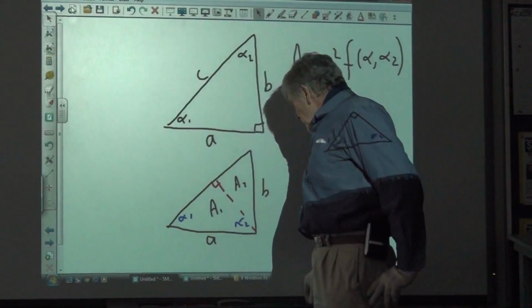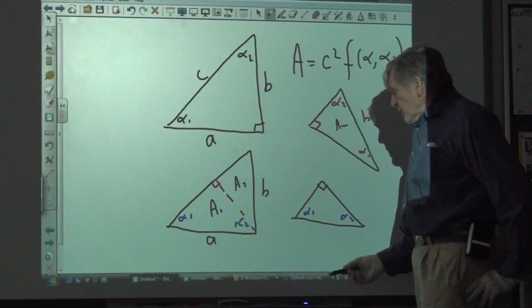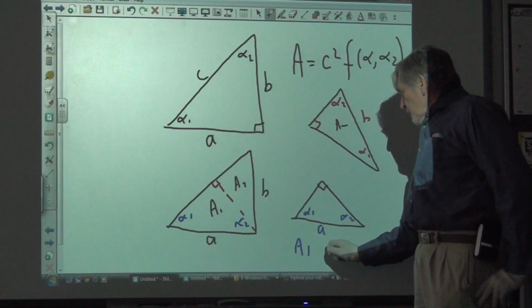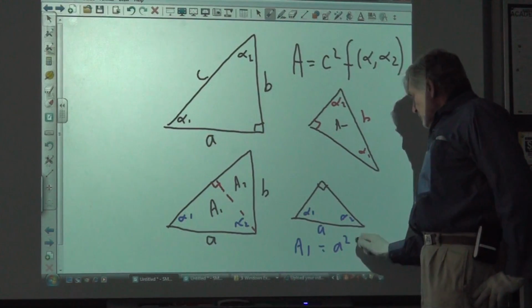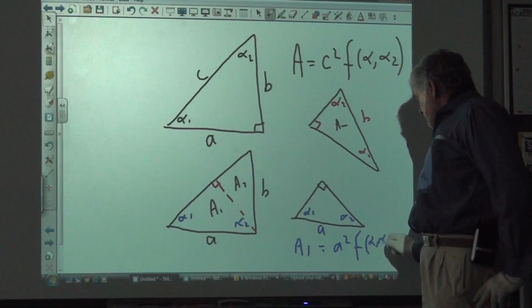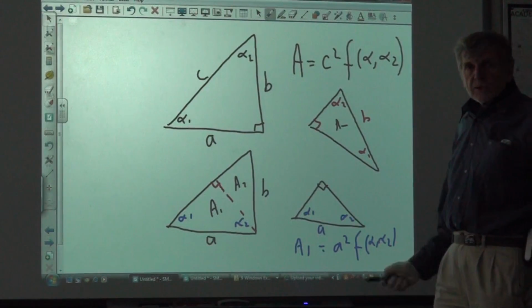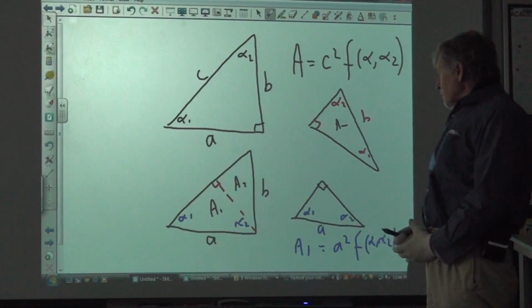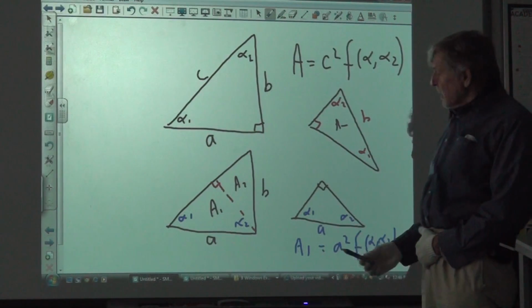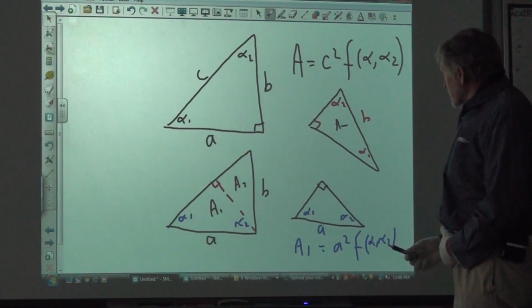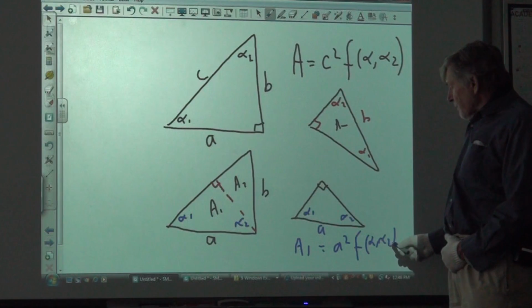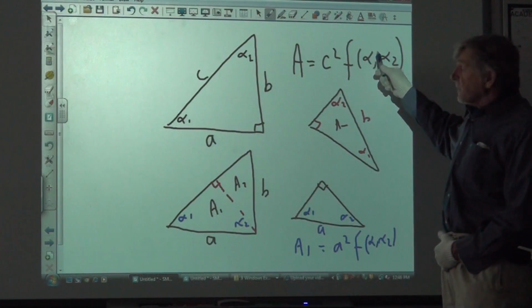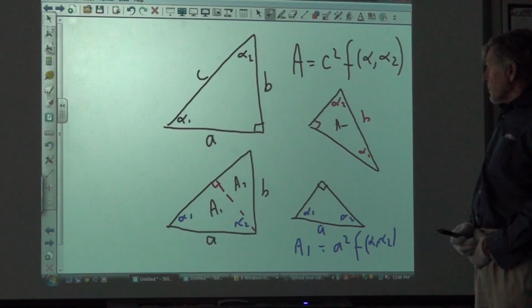Therefore, the area of this triangle, A1, is going to be the length of its hypotenuse squared times some function of the two angles. Since the triangle is similar to the original triangle and the two angles are exactly the same, the function of alpha 1 and alpha 2 in this triangle is indistinguishable from the function in the original triangle.